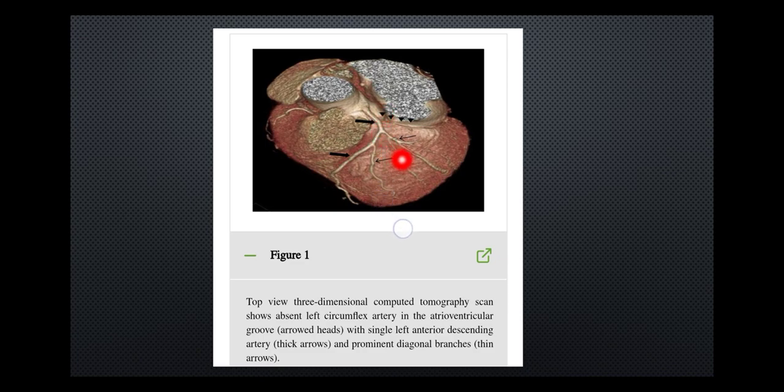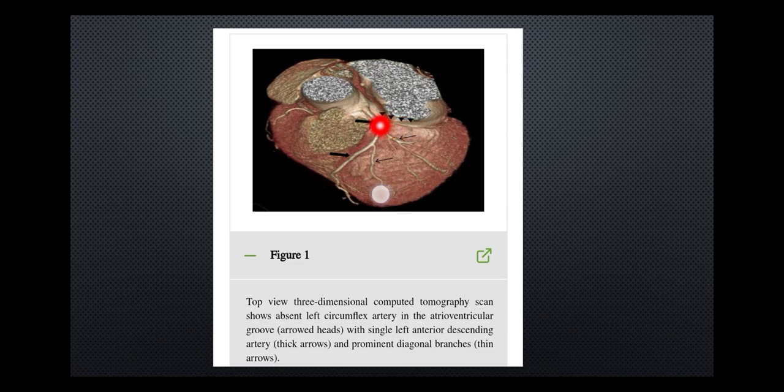Now this is a 3D CT scan, and this shows the absent left circumflex artery. Sometimes the left circumflex is absent and only the left anterior descending is present. This shows the sulcus in which it should have been present but is absent in this case.